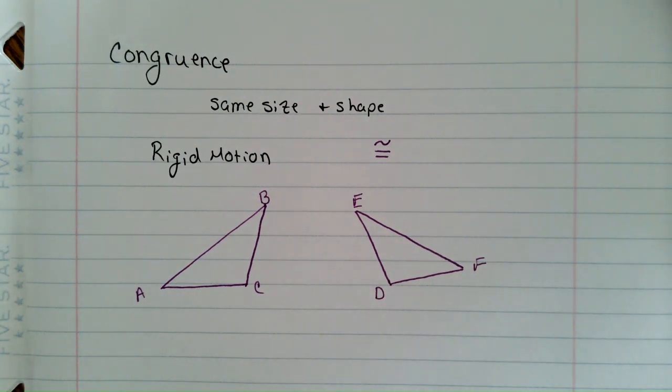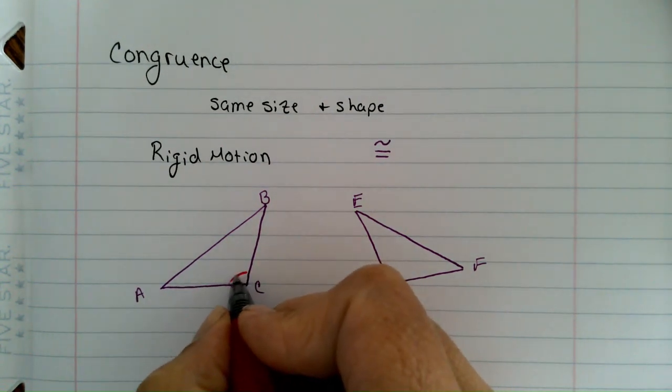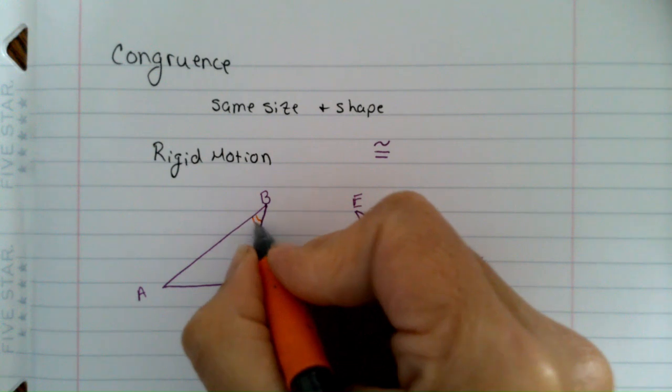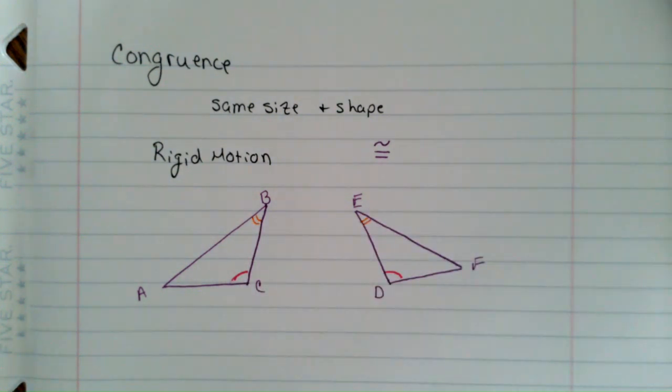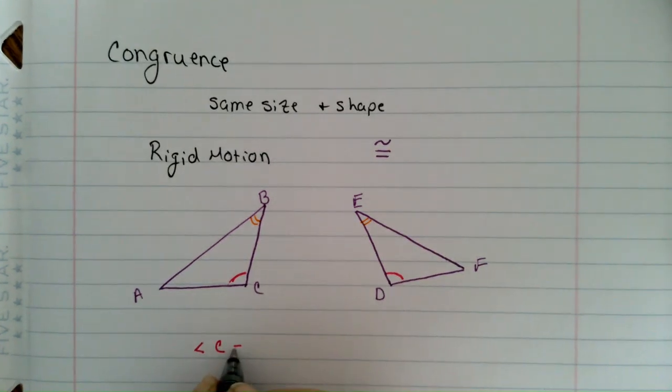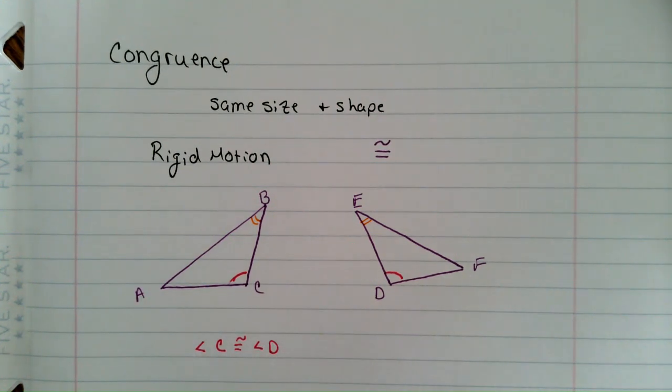From looking, we can see that this is approximately the same size as that. This is the same size as that. Notice how I did one mark the first time, and that would be angle C is congruent to angle D. They're not the exact same thing, but they have the same size and shape. Angle B is congruent to angle E.